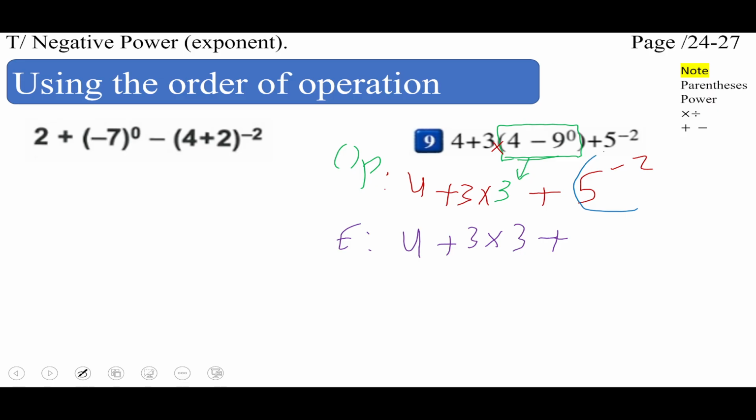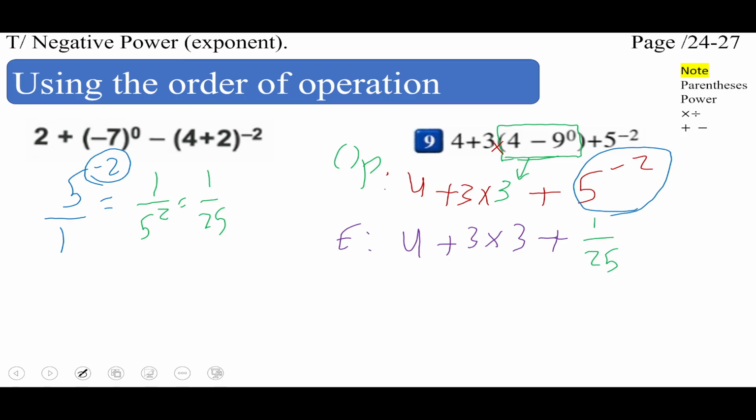Here we need to solve this one. Our power is negative, we need to change to positive by putting 1 and taking the reciprocal. So it's going to be 1 out of 5 to the power of 2, which means 1 out of 25.